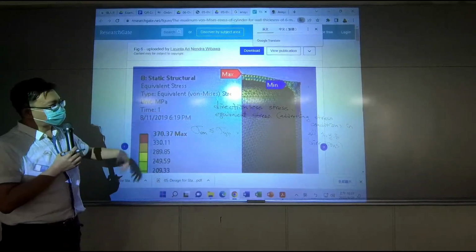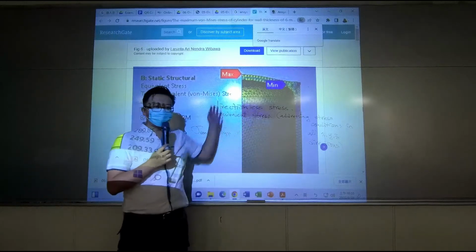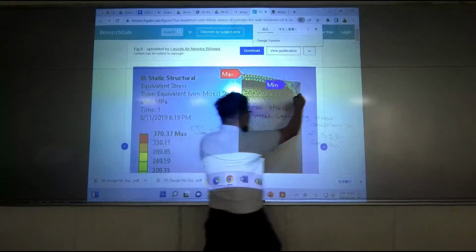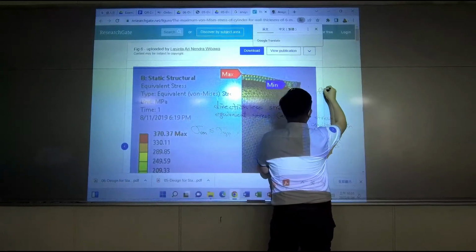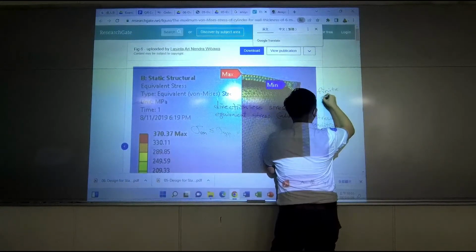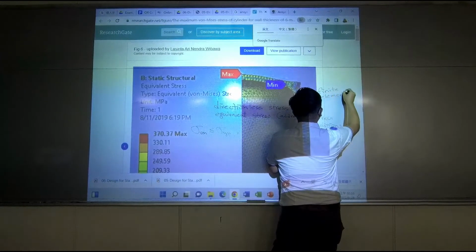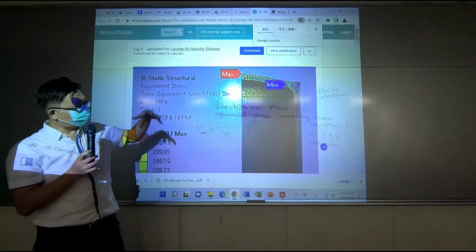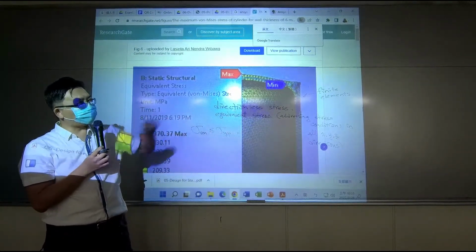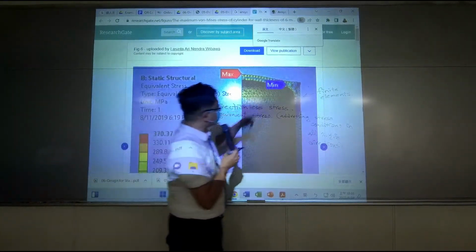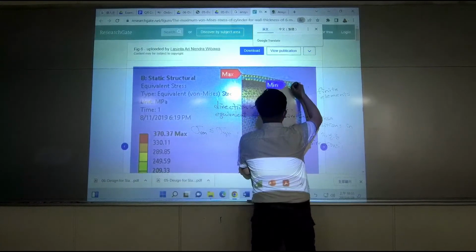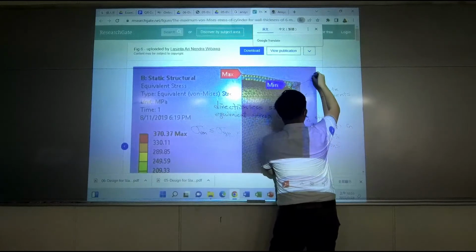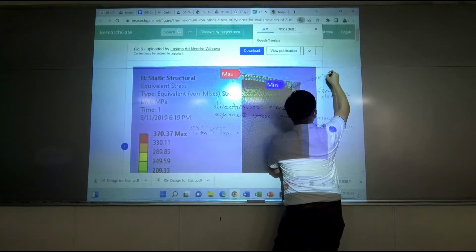So the software will cut the entire piece into small pieces. We call them finite elements. So the software cuts the whole piece into small elements and treats each element, usually as elastic material.